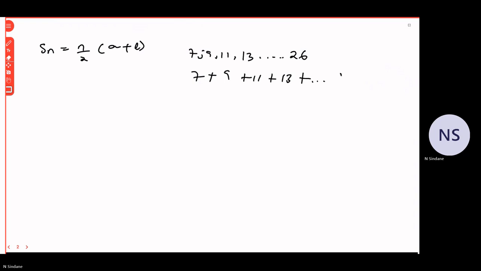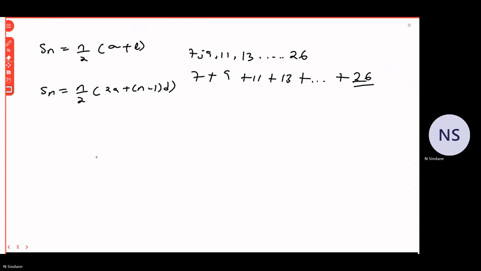This goes there, right? And then the second formula that you have says Sn is equal to n over 2 into 2a plus (n minus 1) d. That is your second formula for Sn. So this one is very basic.